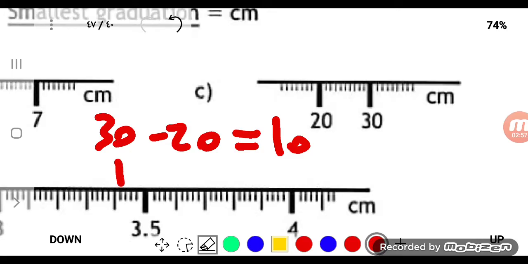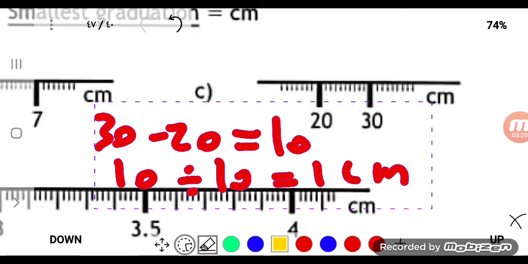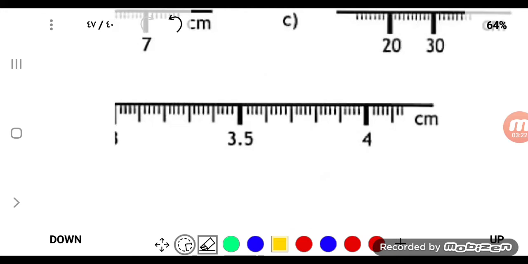We divide this number by the number of spaces between the two notches. The number of spaces is 10 spaces between them. So 10 divided by 10 equals 1. Again here, 1 centimeter. That is the smallest division on this ruler. Smallest graduation means smallest division.